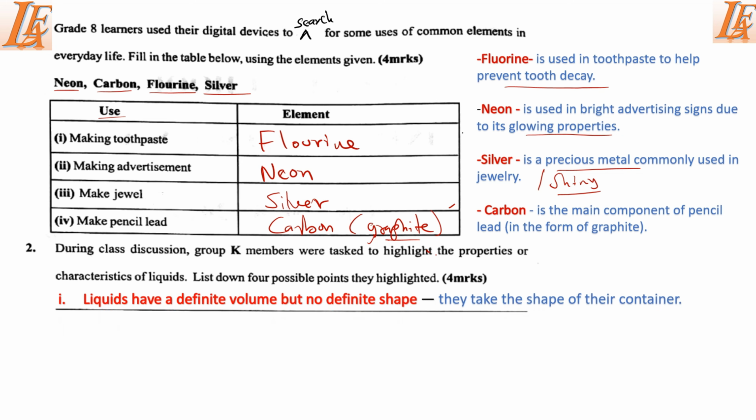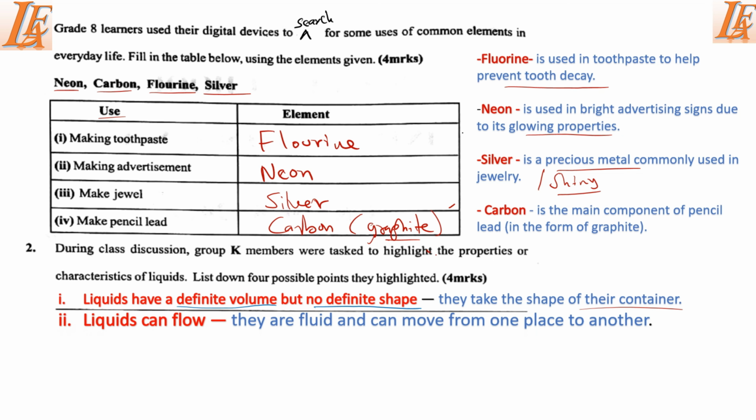The first one is that liquids have a definite volume and no definite shape. They have a specific volume, but they do not have a specific shape. That's why liquids take the shape of the container in which they are placed.